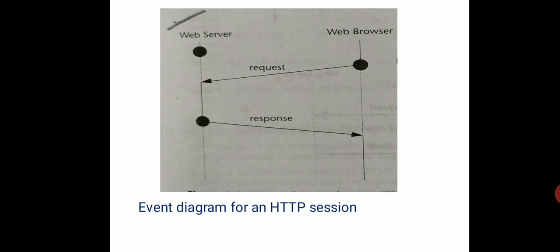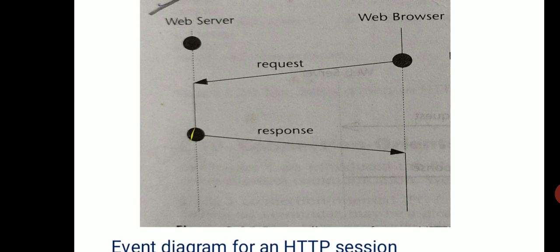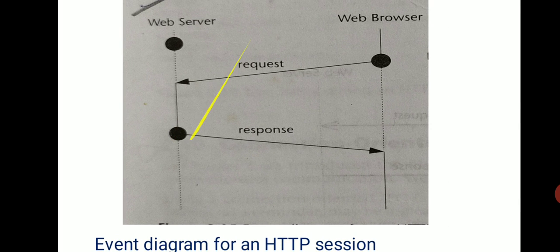See, here web server constantly listens, that means it is blocked. Initially web server is blocked, so it constantly listens to any request from web browser. So web browser issues a request to web server and unblocks the server. So web server processes the request from web browser and it sends the response to web browser. So first of all, web browser sends request and it blocks the operation.